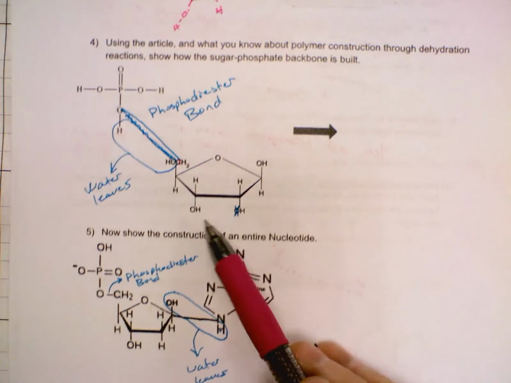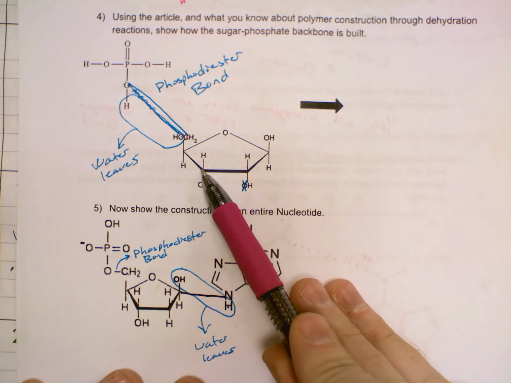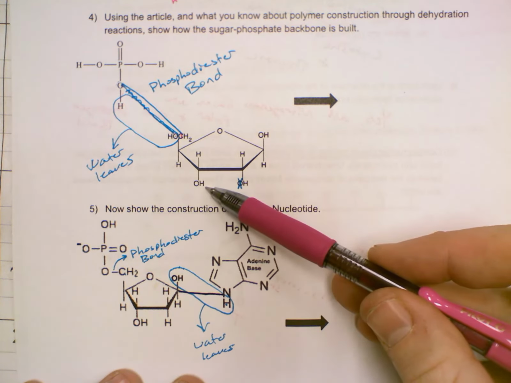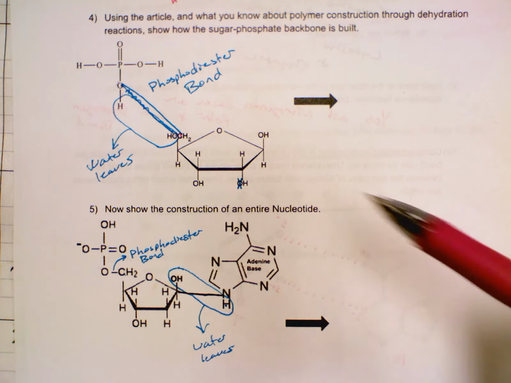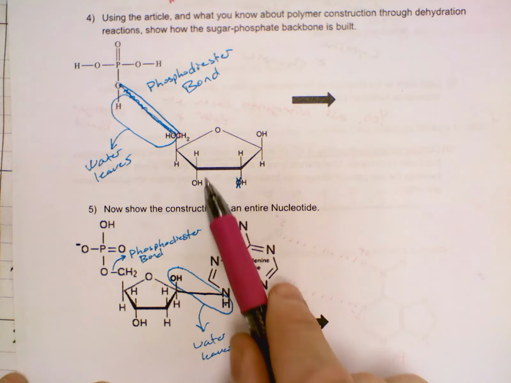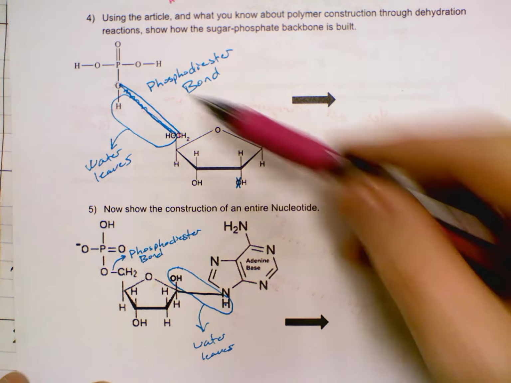Okay. Well, where does this 3' hydroxyl group come in that's on this carbon? Well, that is going to connect to the next phosphate group, which will then connect to the next deoxyribose sugar. So if we were to stack another nucleotide underneath here, we're going to be connecting it to the 3' carbon as we stack these things.